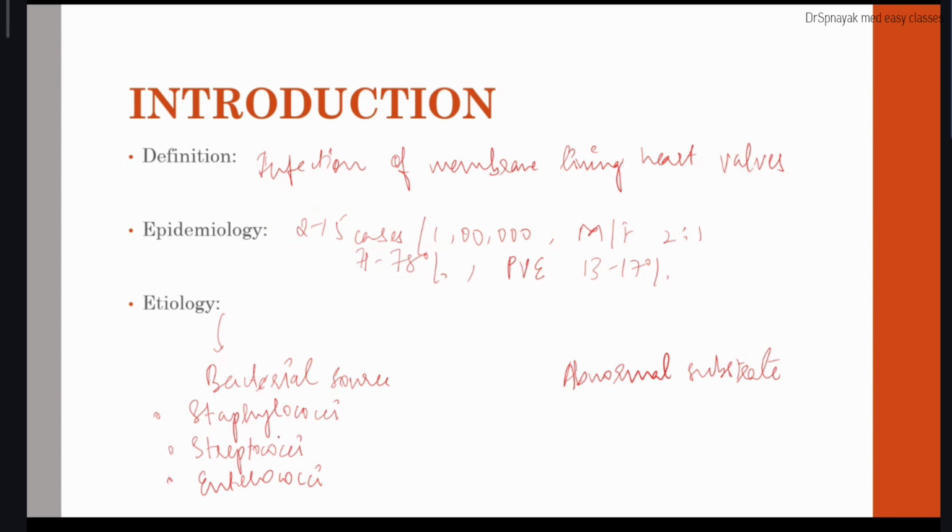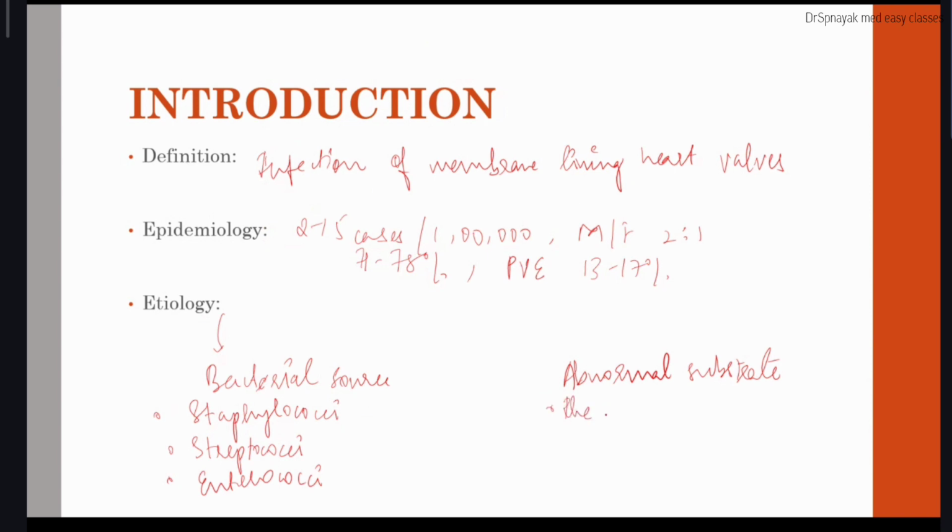These three gram-positive microbes are the main bacterial sources which cause endocarditis. Gram-negative organisms are rarely known to cause endocarditis, but there are conditions where gram-negative organisms could be seen.